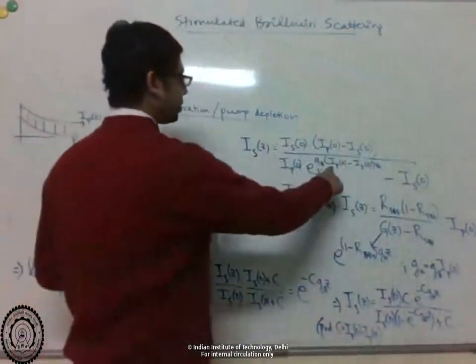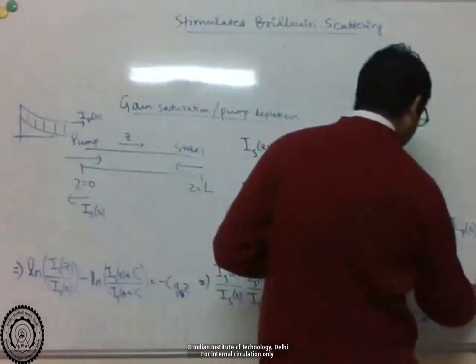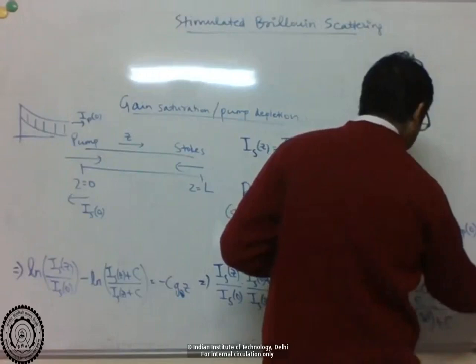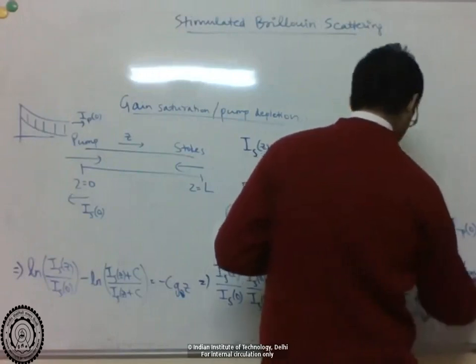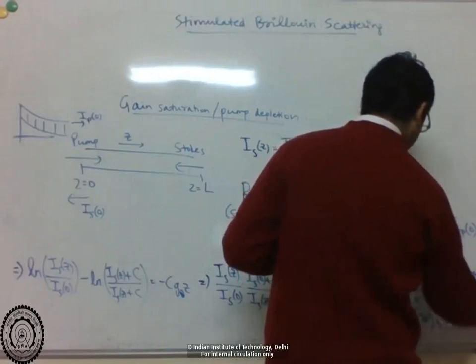Right, so we have a factor of GB times IP naught here. We say that is G naught, which is basically the unsaturated small signal gain.